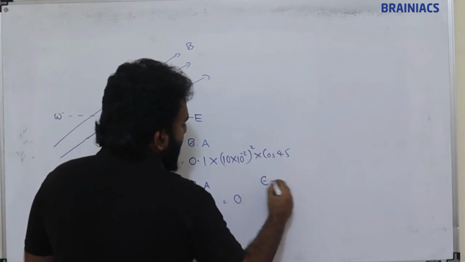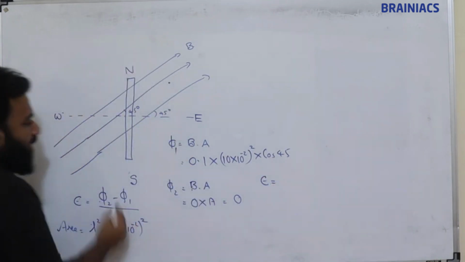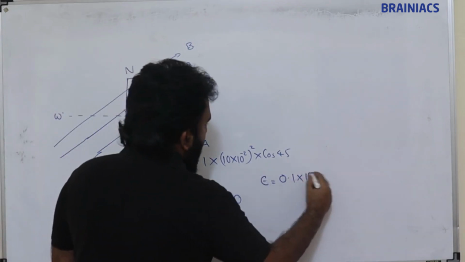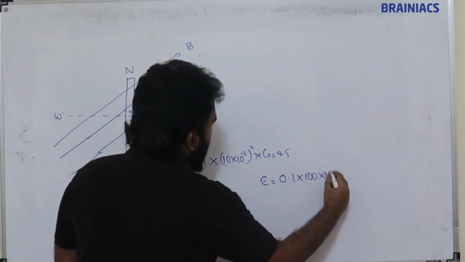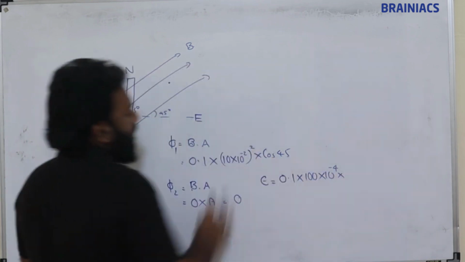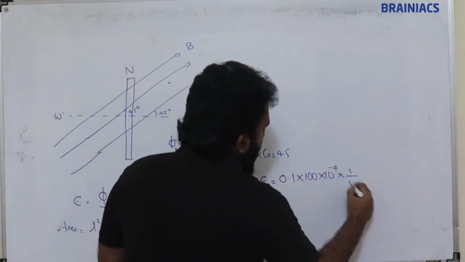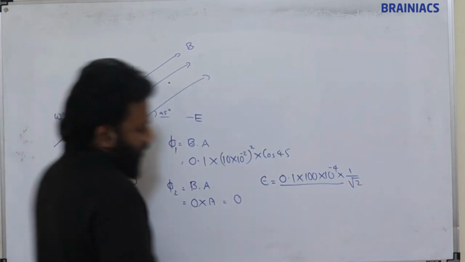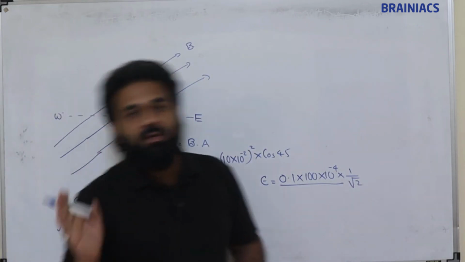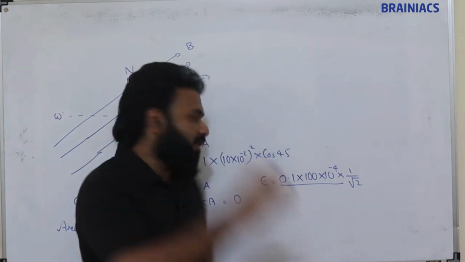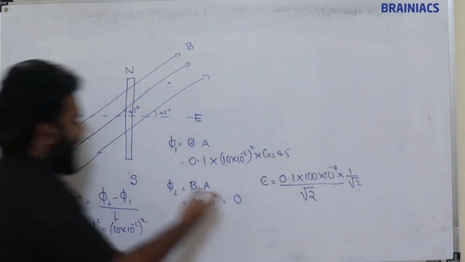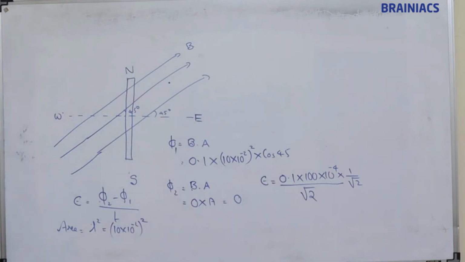EMF is equal to phi 2 minus phi 1, so phi 1 is 0.1 into 100 into 10 raised to minus 4 into cos 45, which is 1 by root 2, divided by the time, which is root 2 seconds. So we will put root 2 here. Please look at the solution. Is that okay? Everything is fine? Are you able to understand?